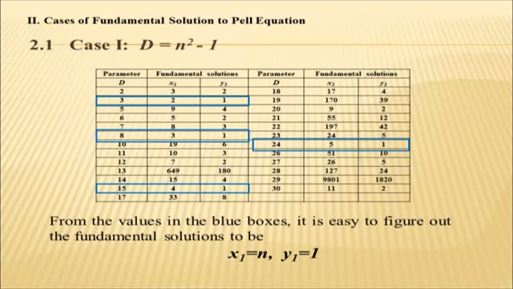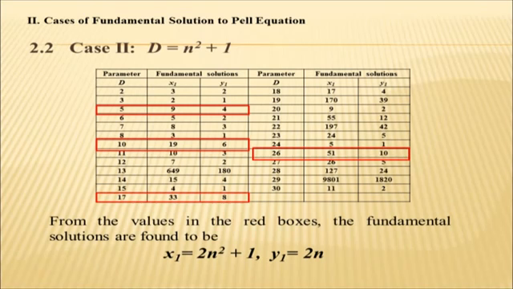When n equals 2, the parameter d will be 3, and when n equals 3, d will be 8, and the corresponding fundamental solutions for x will be 2 and 3, as shown. We also see a trend that all of the fundamental solution values of y will be 1, and hence we can make such a conclusion.